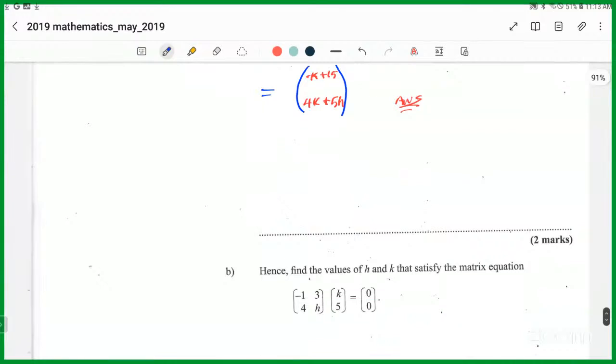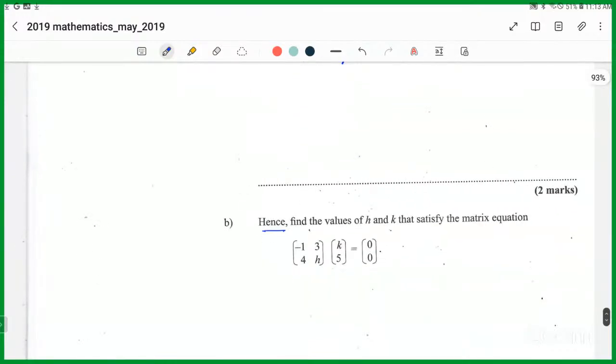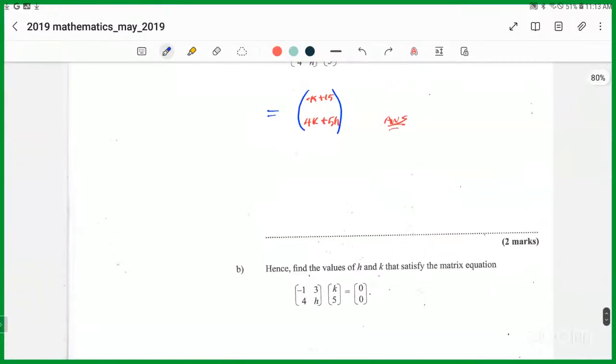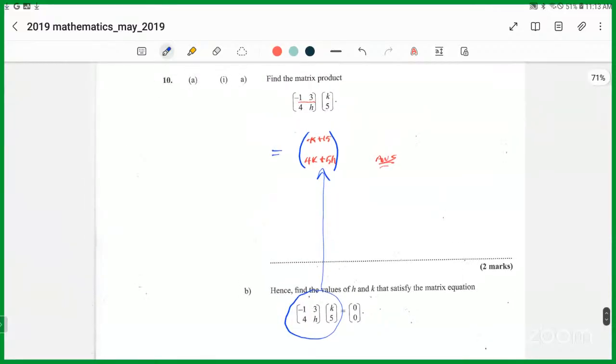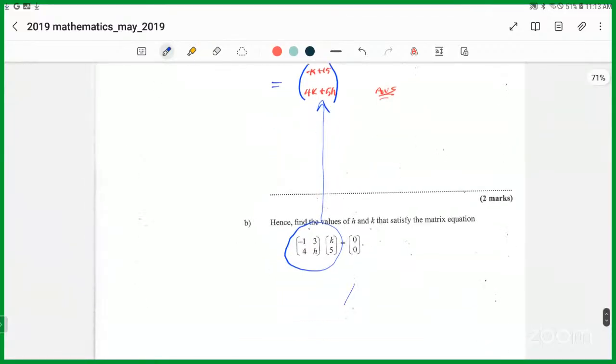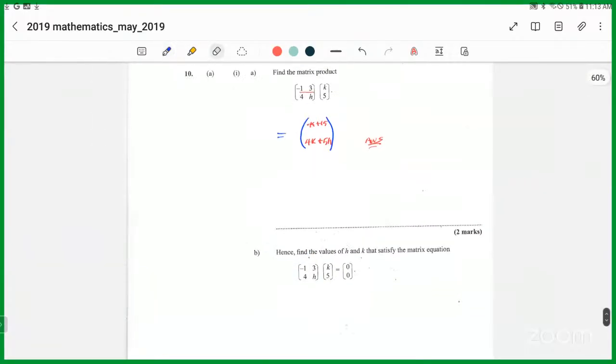Then down here it now says, hence, find the values of h and k to satisfy this equation. Remember that this part of it is what we just found up here, and they're telling us that it is equal to 0. If that is the case, it means that this resulting matrix is 0.